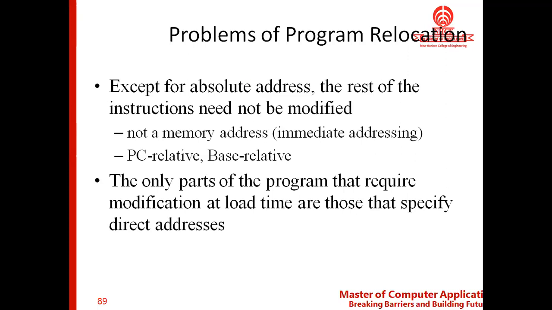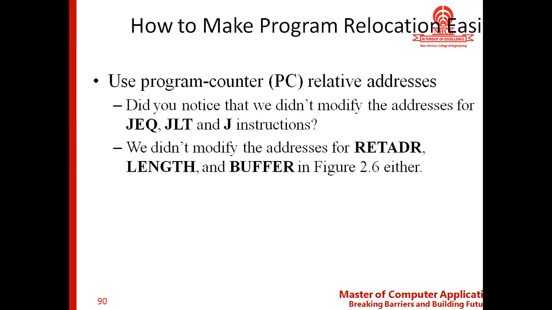In a situation where you use immediate addressing, there is no memory reference at all. If you don't need to refer to the memory, then there is no need of modification. So for immediate addressing also, there is no need of modification. Where modification is required are the instructions that use direct addressing; those instructions have to be modified.